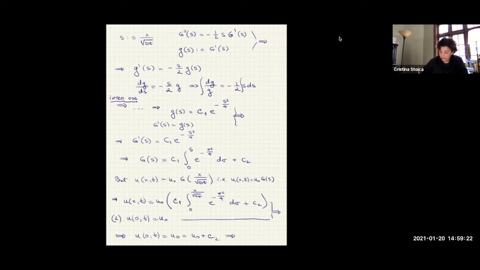So in a sense, I shouldn't write this here. It's just the right-hand side of one and the right-hand side of the other one.